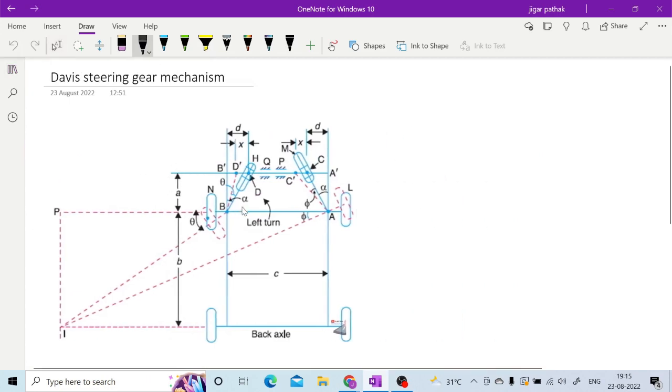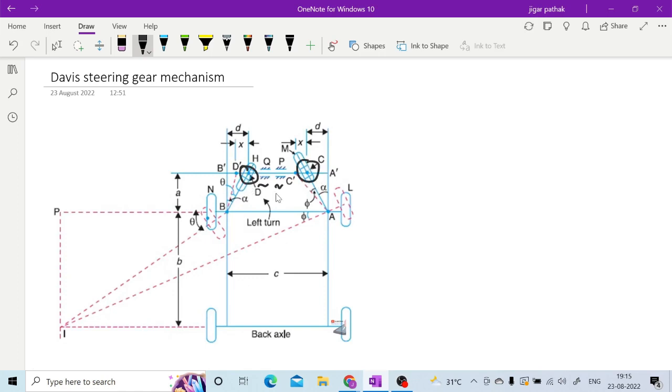Now the second one is the Davis steering gear mechanism. As you can see, in the Davis steering gear mechanism you have two sliding pairs here, right? This is a slider, this is a slider. So in this Davis steering gear mechanism you have two sliding pairs and two turning pairs, right? The Davis steering gear mechanism has a more perfect condition for steering, or rather it is more exact, right?